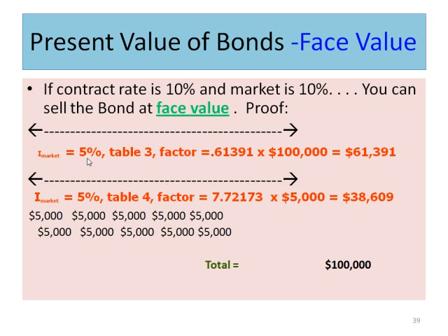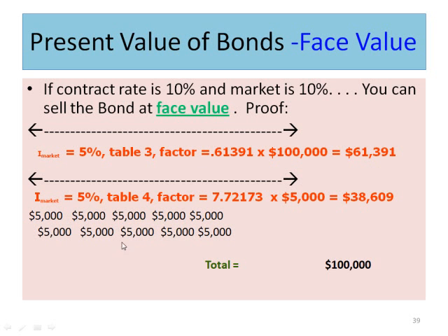So you're going to go to table 3, look for the intersection of 10 periods at 5%, and your factor is 0.61391. You're going to multiply that by your principal and you're going to get it discounted to $61,391. That's just one piece of how we calculate this.